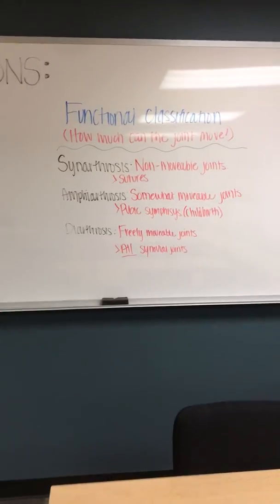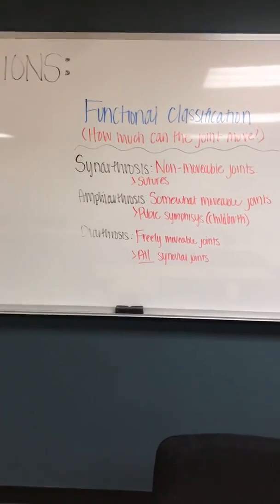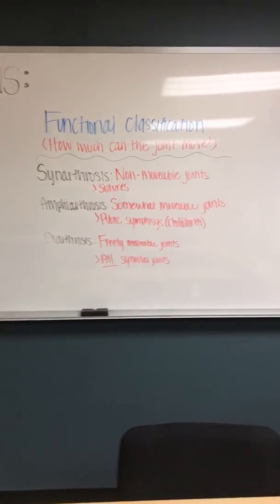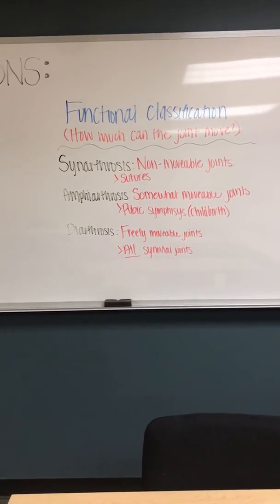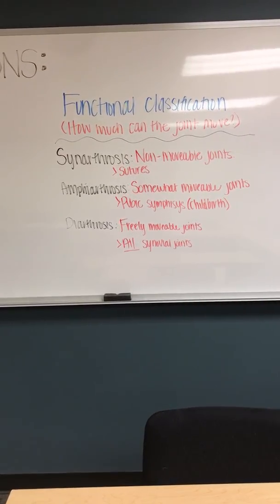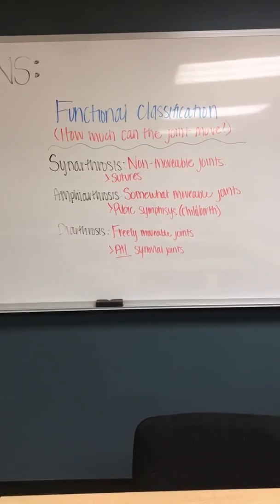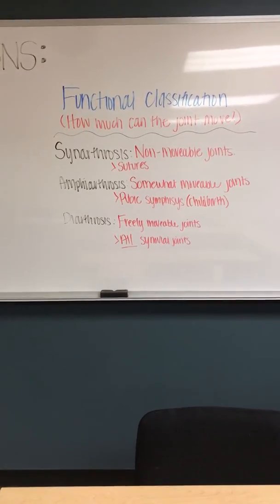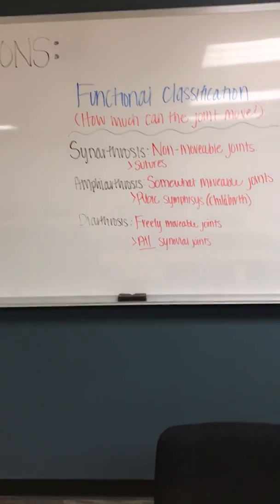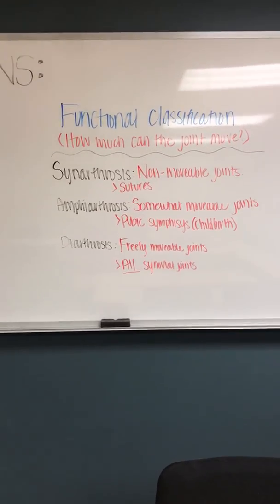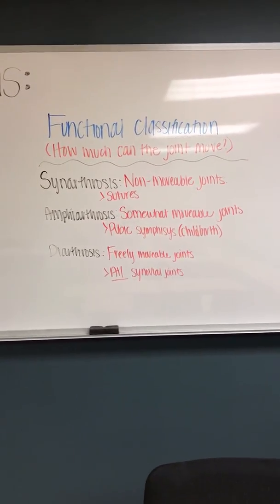And then moving on to the functional classifications of joints. The best way to think of that is how much can the joint move. Three types again. We have synarthroses, amphiarthroses, and diarthroses. So synarthroses are our non-movable joints, and a great example of that would be the sutures in our skull.